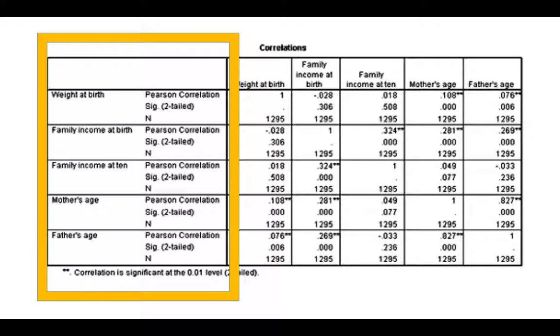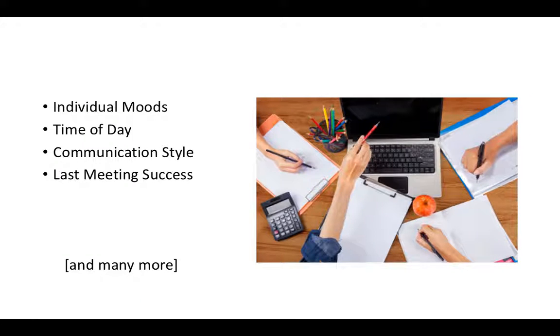And in groups, there are a host of variables that may come into play that can help or hurt us, such as individual moods, the time of day we meet, our individual communication style, the way our last meeting went. Was it successful? Was it a failure? Variables are a critical component of this systems theory model.